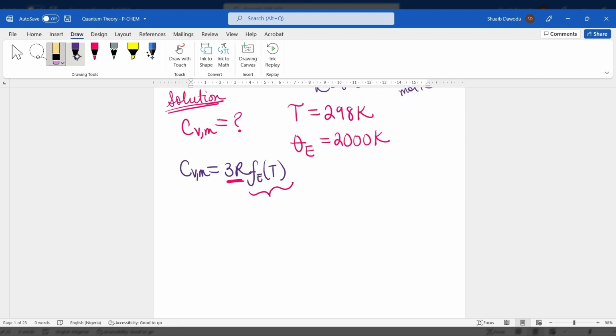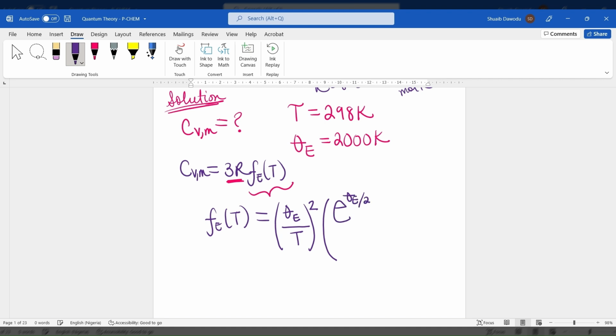Now, I want to quickly mention that f sub E of T is equal to this formula right here: theta sub E divided by T, squared, multiplied by e to the theta sub E divided by 2T, divided by e to the theta sub E divided by T minus 1, all squared.